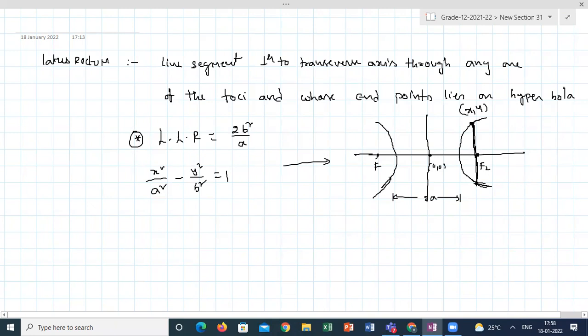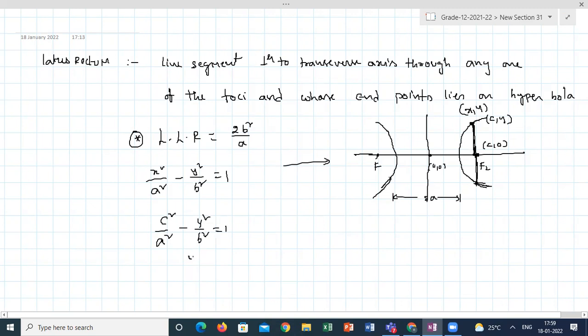If I'm taking this point, sir, the x variable becomes c. How do we know? Because that's a focus, right? That's perpendicular. Correct. Superb. This is c comma 0, so this is c comma y. Substituting, c square by a square minus y square by b square is equal to 1.